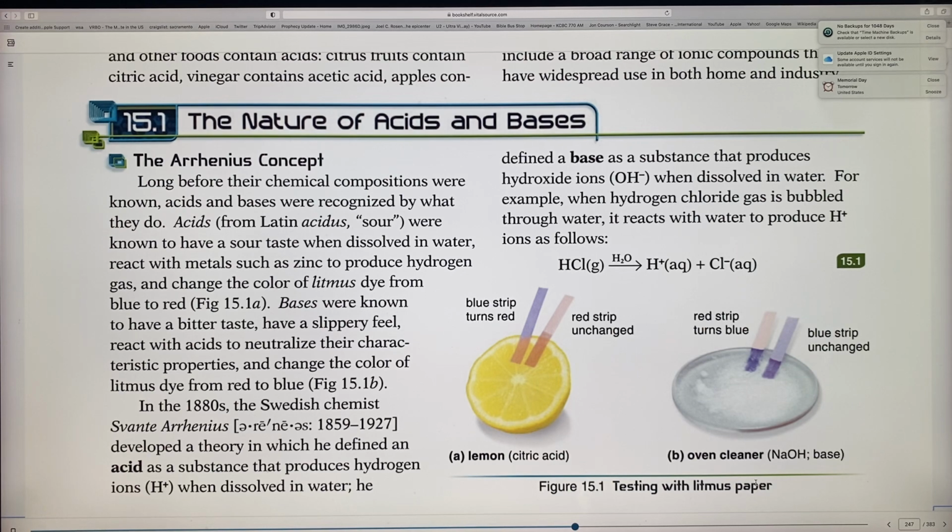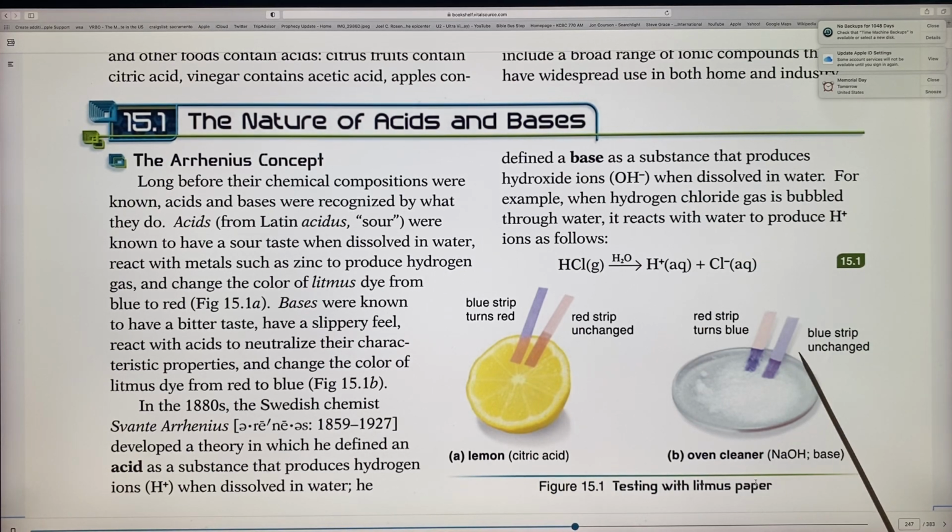So also these ions, I kind of skipped here, acids, when you dissolve them in water and you take some litmus dye, right? Here's a picture of it. Here's an acid, and you put a litmus paper in it. It will turn the litmus paper red. Think of acid and red. They both end with a D, right? So acid turns the litmus paper red.